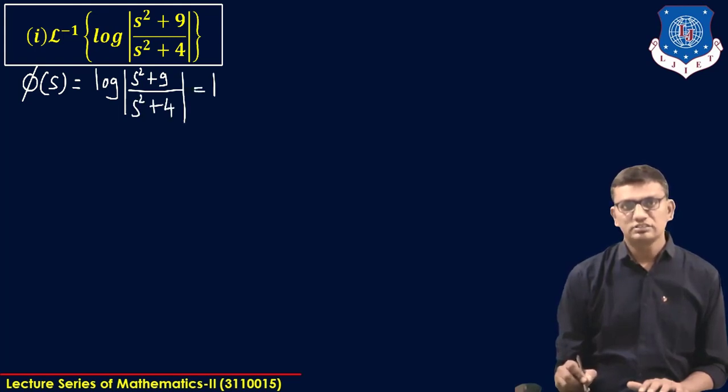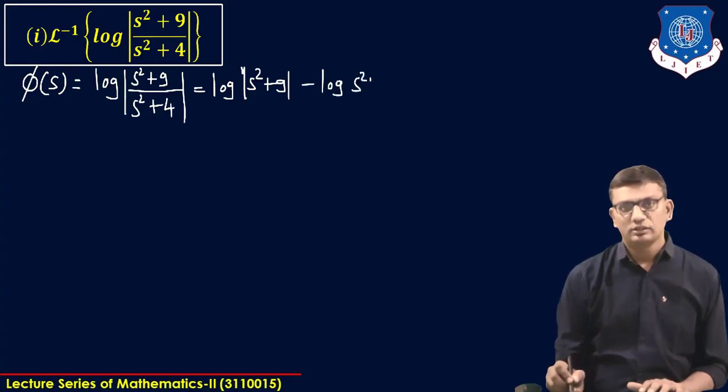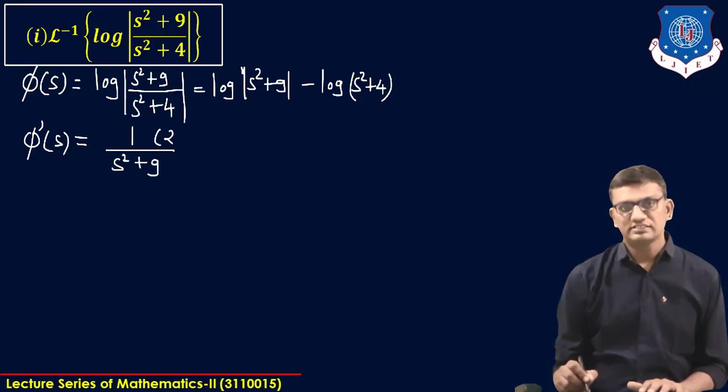That can be rewritten as log(s²+9) minus log(s²+4). In this case, we can differentiate both sides with respect to s, because we don't have a direct formula of inverse Laplace. After differentiating, we get 1/(s²+9) times 2s minus 1/(s²+4) times 2s.